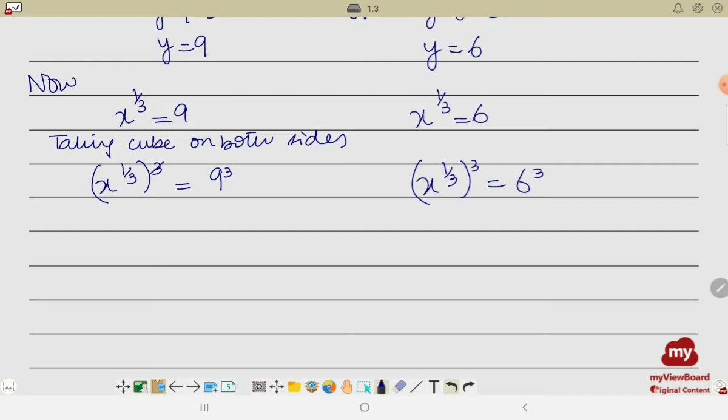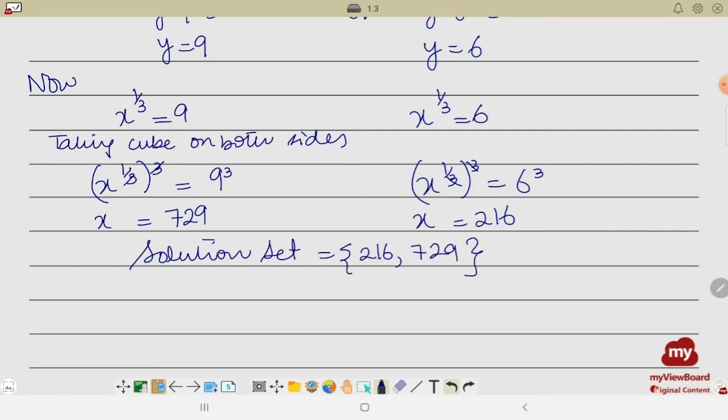The cube will be cancelled by its cube root, and we are left with 9 cube, that is 9 into 9 into 9, which becomes 729. Here also we have 6 into 6 into 6, which becomes 216. So at the end you just have to write the solution set as 216 comma 729. So hope you understand the sum.